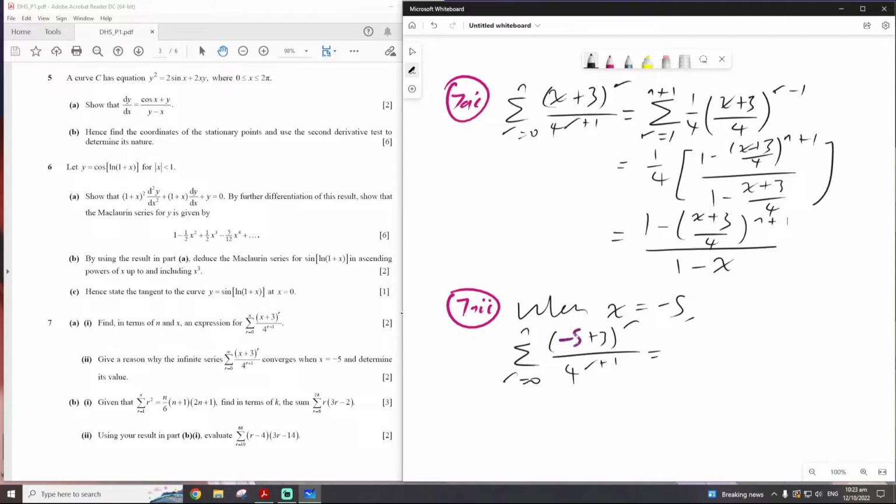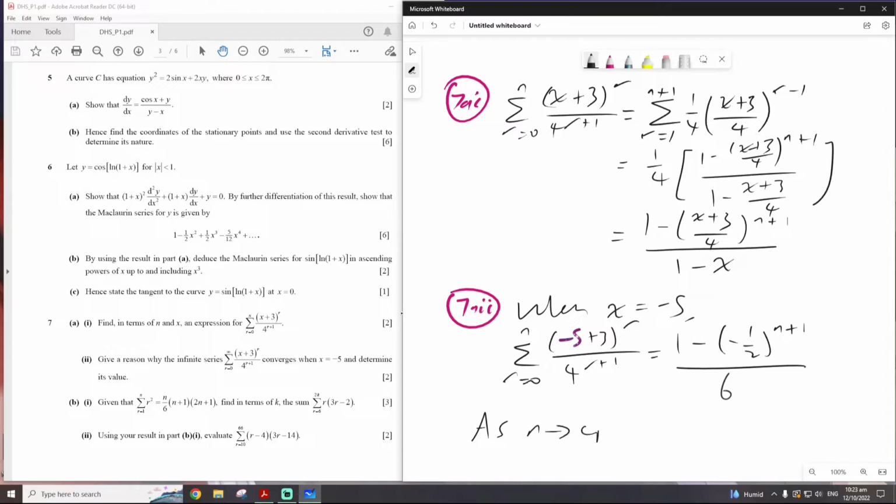This is 1 minus, if you put in minus 5 here, you get negative half, and divide by 1 minus negative half, which is 3 over 2. Oh no, sorry. It's 1 minus negative 5, which is 6, okay?